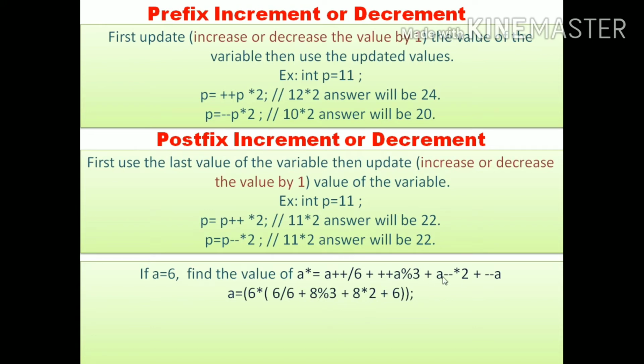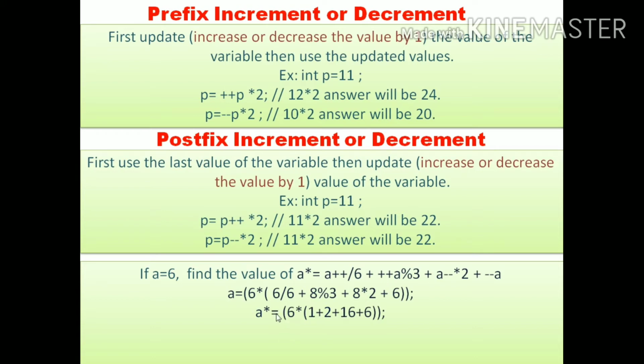Here this is a postfix decrement, meaning use the last value. The last value of a will be 8, so 8 into 2 plus, after using the value of 8, decrease the value, so it will be 7, and here prefix decrement means 7 again decremented by 1, so that is the value 6. So that is the answer.